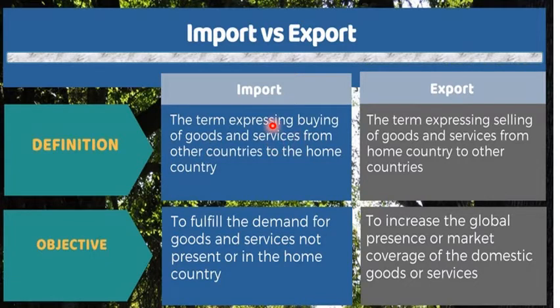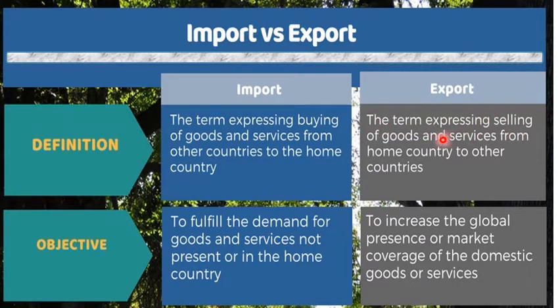It means we are buying goods and services, and these are coming from other countries to our country. On the other hand, export is the term expressing selling of goods and services, because something is exiting from our country and going to other countries. Why? Because we are selling those things to other countries.